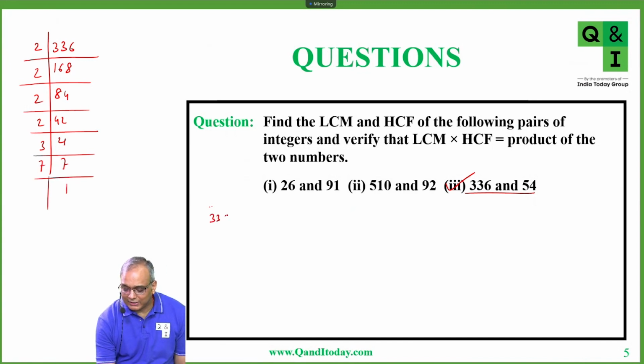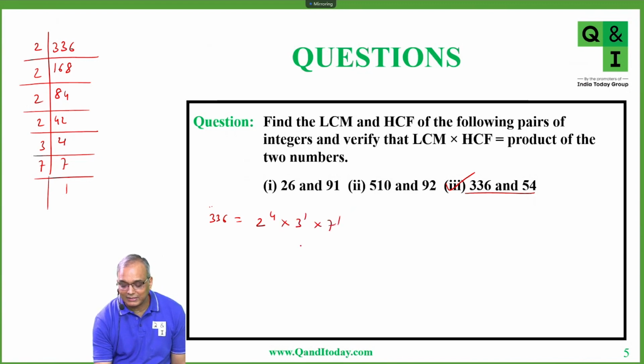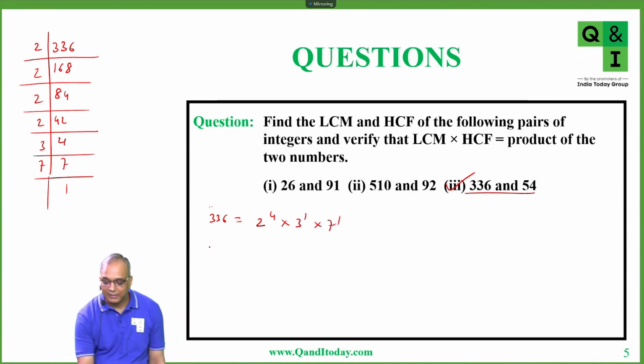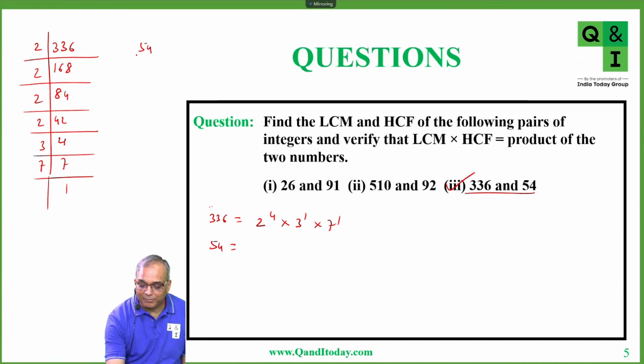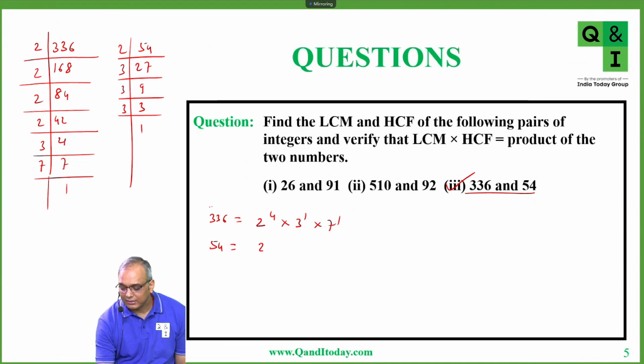So 336 can be written as 2 to the power 4, 3 to the power 1, and 7 to the power 1. And 54, if you find the prime factorization of 54, 2 times 27, 3 times 9, 3 times 3, and 3 times 1. So 2 to the power 1 and 3 to the power 3.